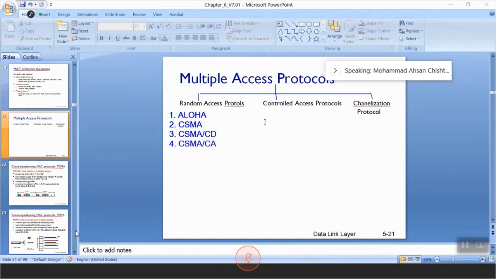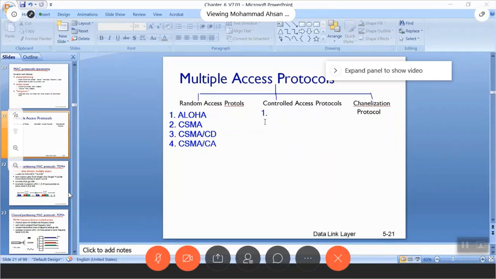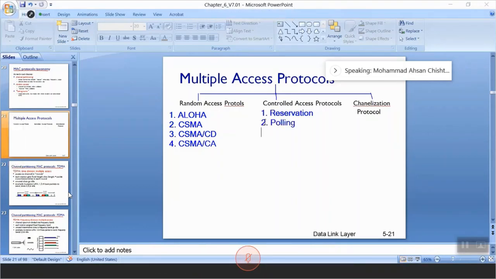we have three. Number one, reservation. Number two, polling. Number three, token ring. And for channelization as well, we have three. The first one is FDMA.